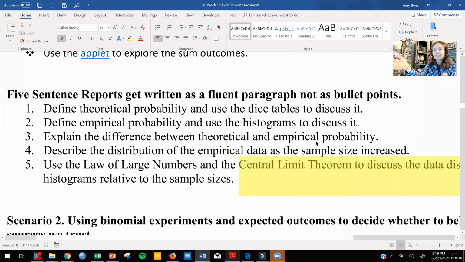You can't see my screen now, can you? What I would do if I were you is write these down or print them out, define theoretical probability, define empirical, explain the difference. And then I would leave some space below there and make notes and write stuff down, because I say everything you need in these videos. So keep that in mind to work smart, not hard.